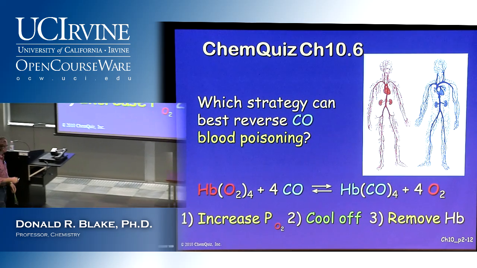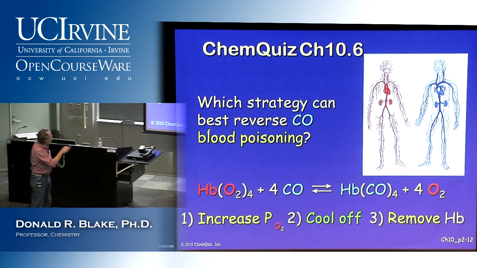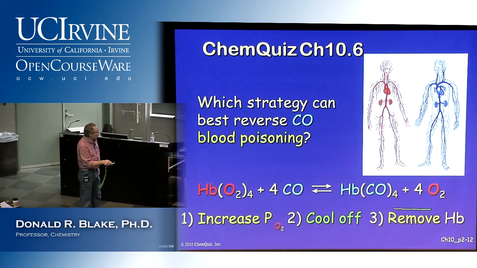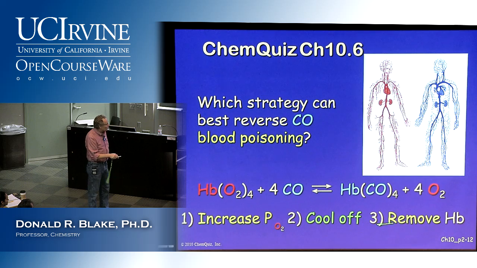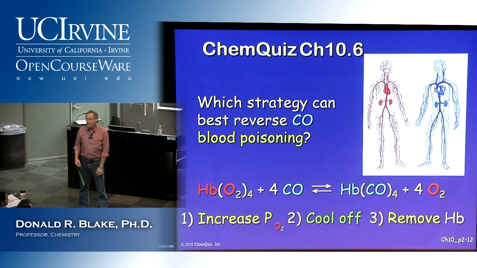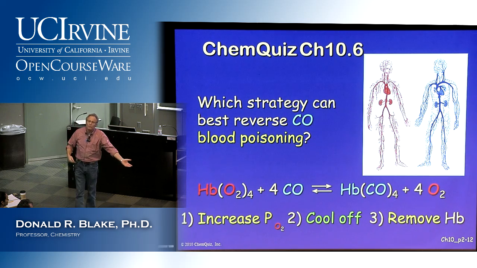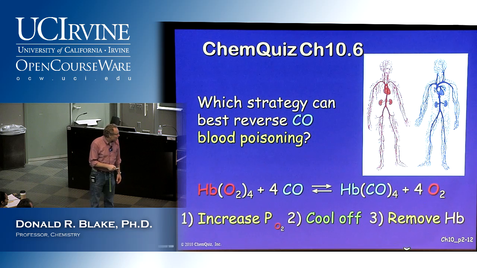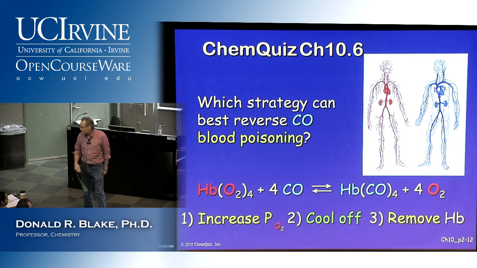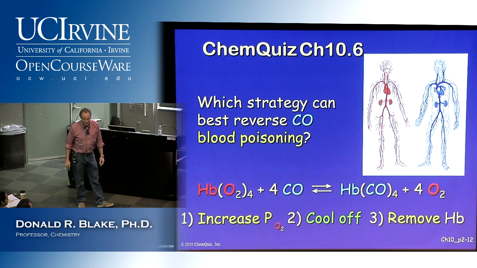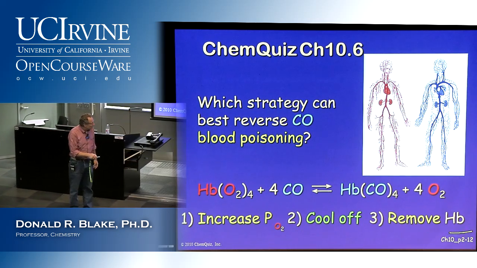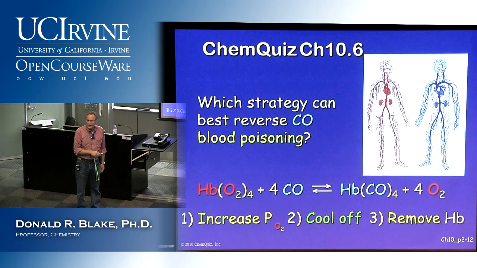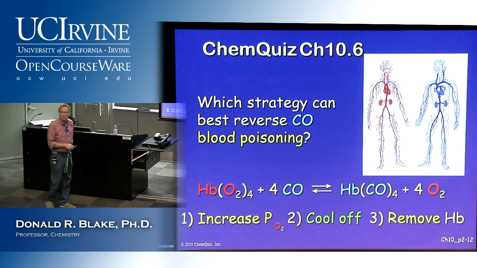So the question is, how would you do this? Would you increase the pressure of oxygen, cool off, or remove hemoglobin? That would require you to slit your wrist and bleed to death. That's the only way I know to get rid of hemoglobin, is to bleed a lot. Not a good idea. I don't think that should even be on there. That gives you bad ideas.